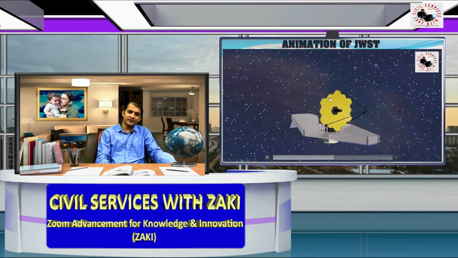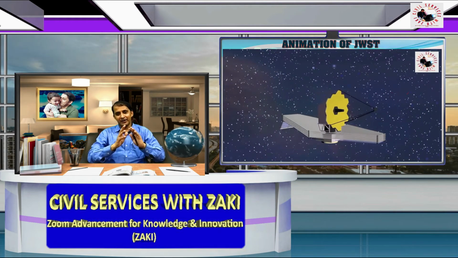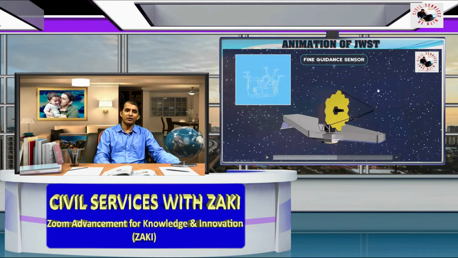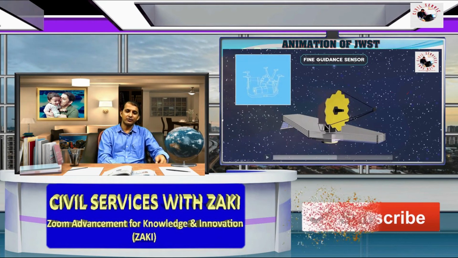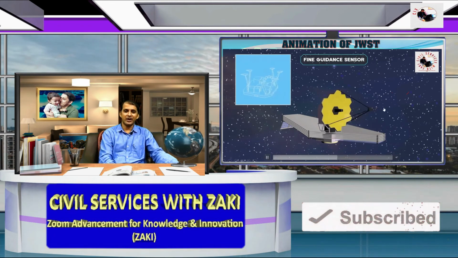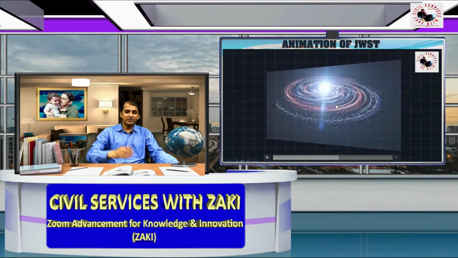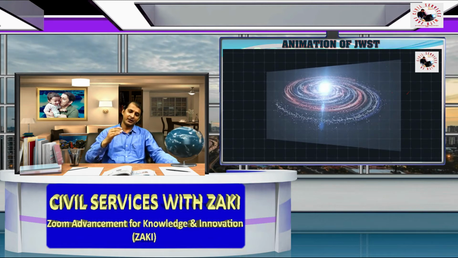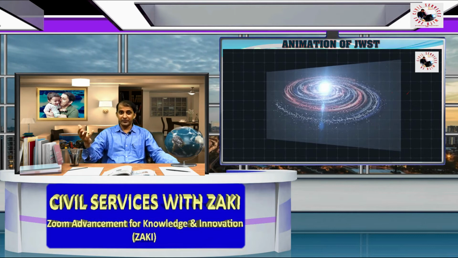Another is guided by a sensor called the fine guidance sensor, in short FGS. This was made by the Canadian Space Agency, together with NASA and the European Space Agency.